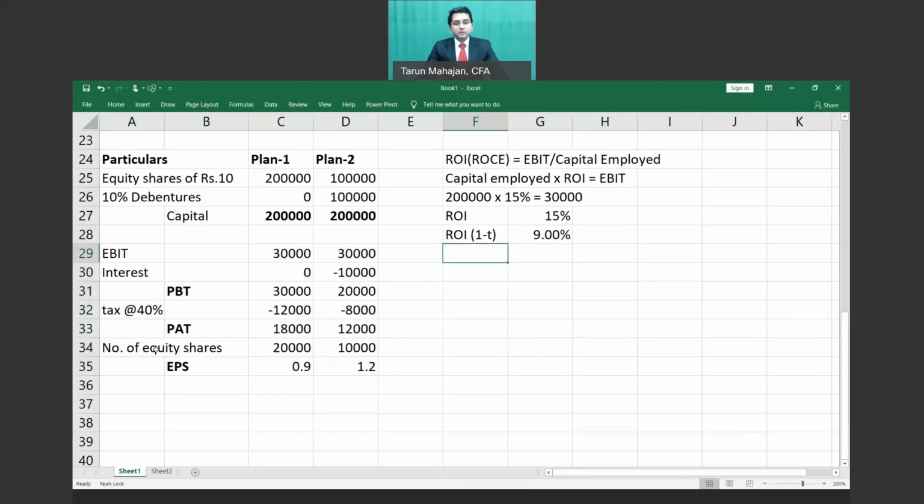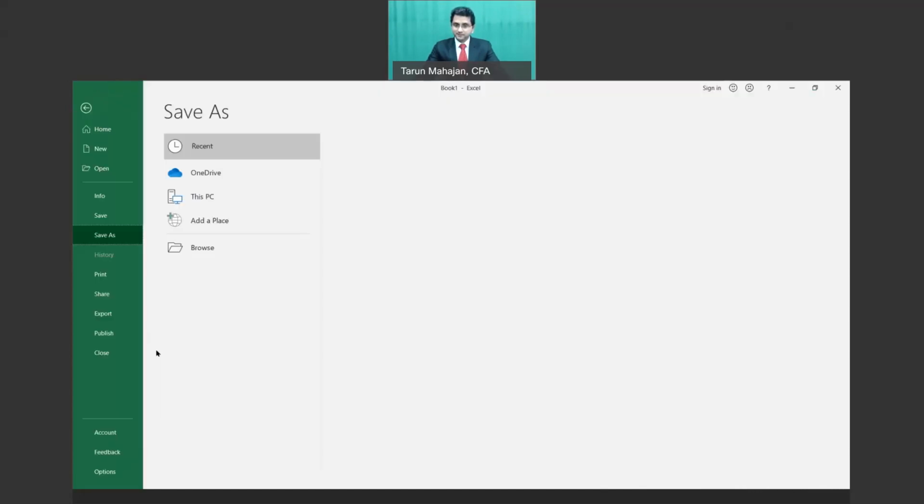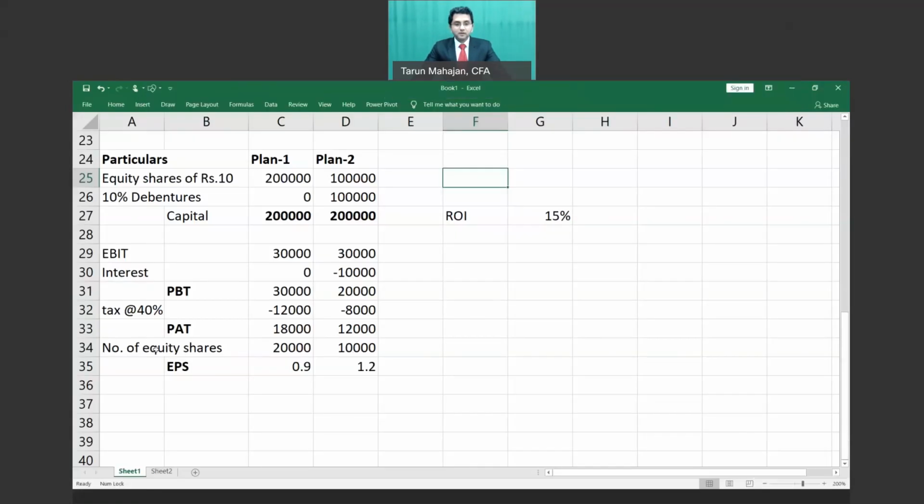Okay, now let me ask you one question. What is the basic objective of financial management? Can you tell me? What is the basic objective of financial management? The basic objective of financial management is to maximize wealth.